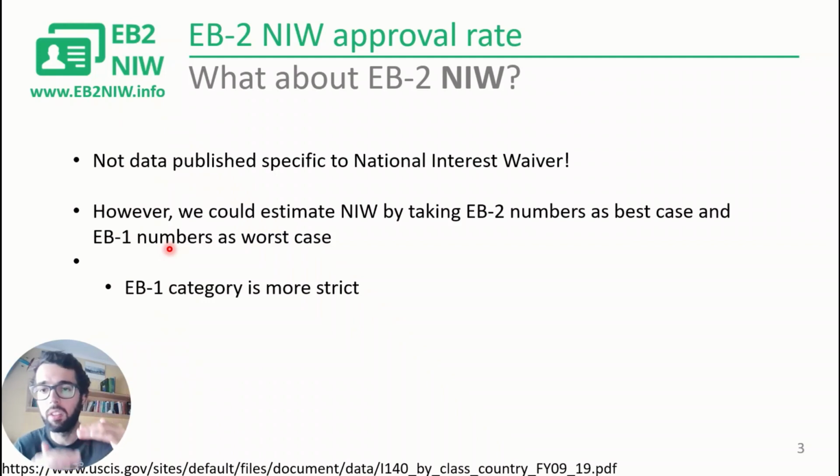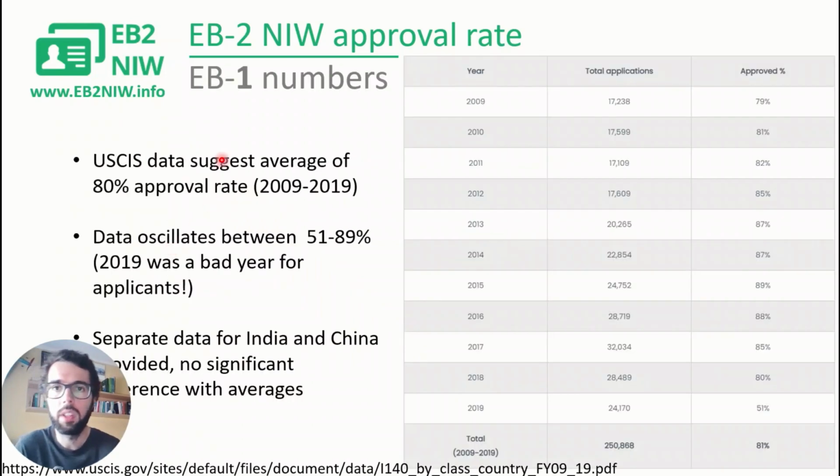EB1 is a more strict category than EB2 NIW. EB2 as a global, in my opinion, should be on average easier to get. So that's why if we get those two numbers, maybe we can estimate what the NIW success rate should be. So these are numbers for EB1, similar for EB2. They do release those data, and those include EB1A, EB1B, and even EB1C. There are also subcategories in the EB1 global category.